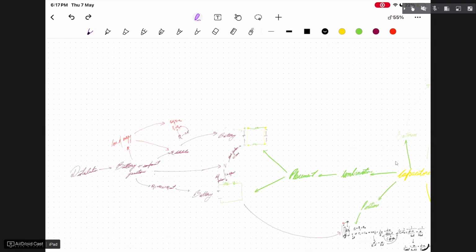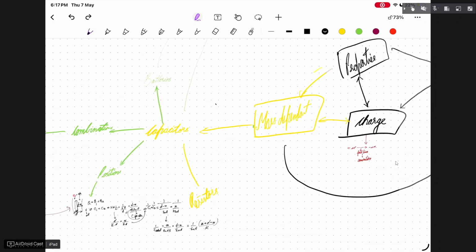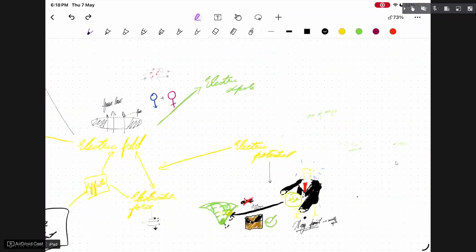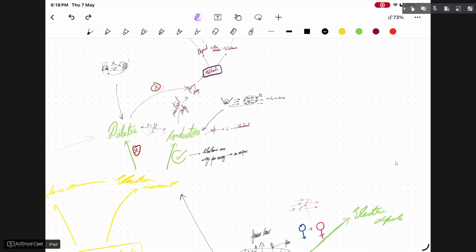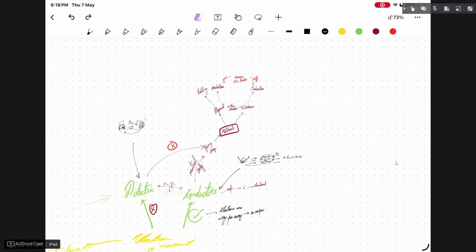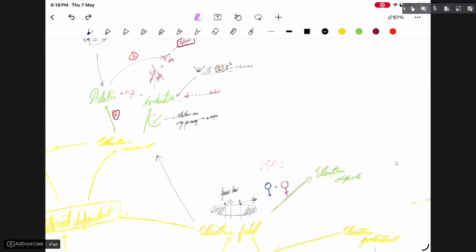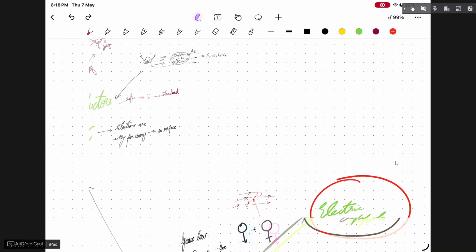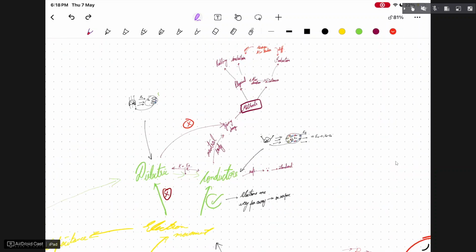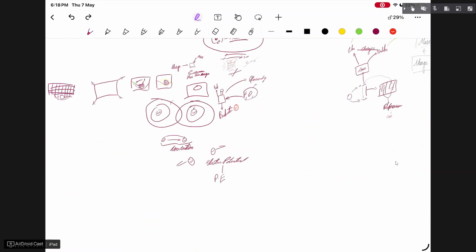I explained this part, and I explained this. Oh, dipole is there, and this is dipole. Okay, let's talk about dipole. I forgot this. Okay, two things left.